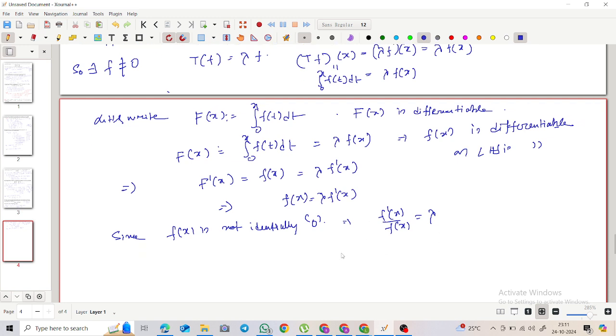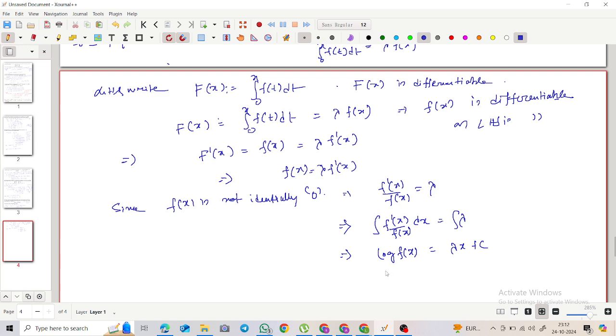And then, as you are saying, if we integrate this f prime x by f(x) with respect to dx, this integration of lambda, what do we get? We get log f(x) is equal to lambda x plus some c, no? Thus we will have f(x) equals e to the power c into e to the power lambda x, right?